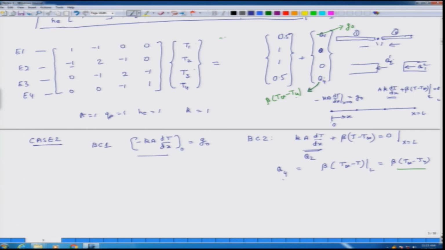So, the next step which I do is that I transfer this T4 to the left side. The first step was replacing Q4 by this term, and now I transfer this. So, on my right side I still have beta times T infinity, and on my left side I get an extra term beta here.